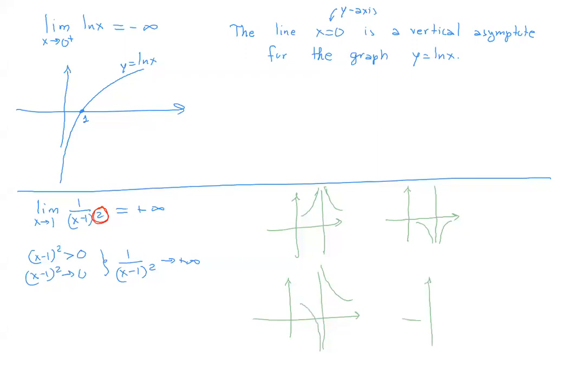And the case where the limit from the right will be negative infinity and the limit from the left will be positive infinity. These are all the possibilities for rational functions when the numerator is non-zero and the denominator is 0. If you look at general functions, you may have many, many more interesting situations. But as usual for cases like this, we're going to stick to rational functions because they provide us with many interesting examples.